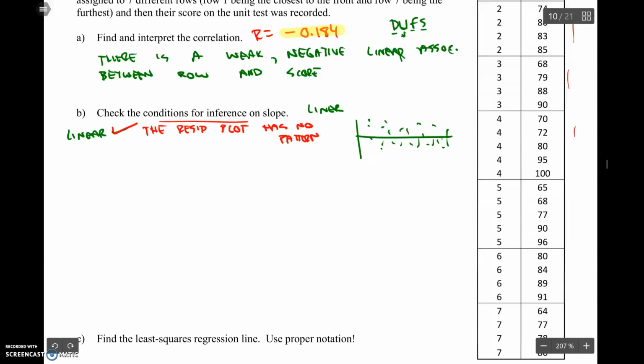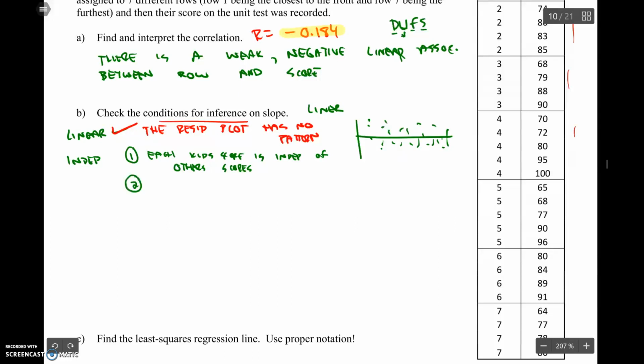Independence. Each kid's score is independent of others' scores. I guess what we'd be checking here is to make sure kids aren't cheating off each other.